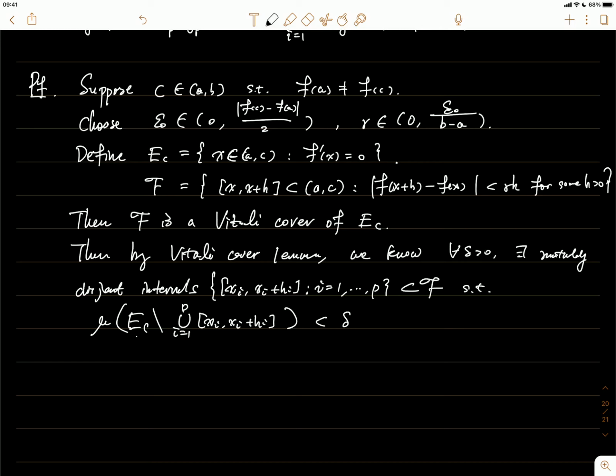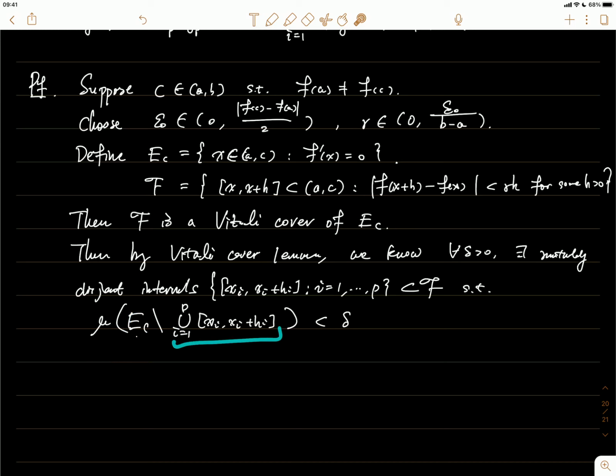So that means this E^C is almost filling in the interval A to C, because such points are almost everywhere. So E^C is almost everywhere in A to C. So that means this one has a measure delta, C minus A.